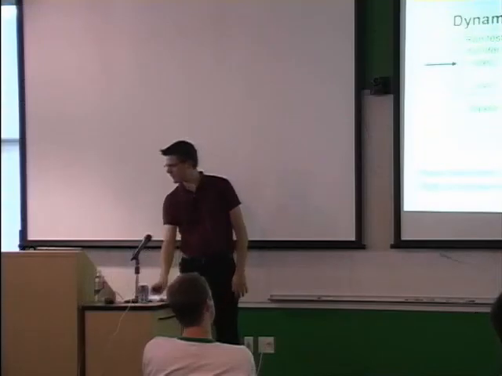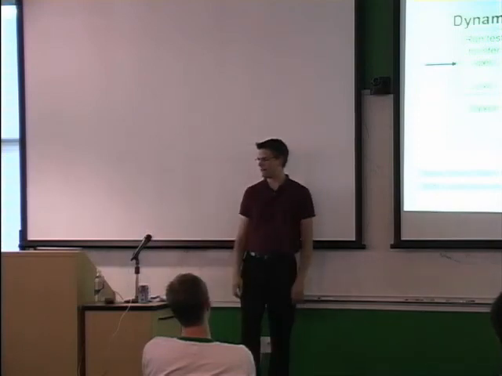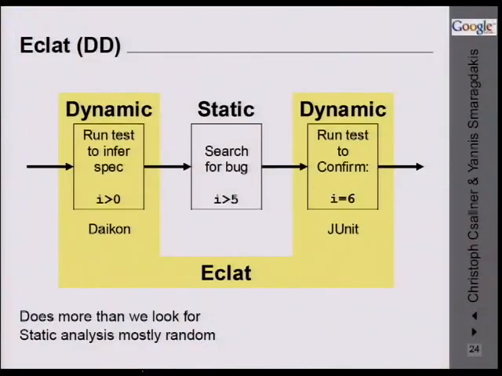The other tool we compared against is Eclat. It's by Carlos Pacheco and Michael Ernst at MIT. That's basically the DICON people, and it uses DICON, and also generates test cases and uses JUnit and all that. But for the static step, it does not have such a heavyweight analyzer as we have. So they mainly use random test case generation.